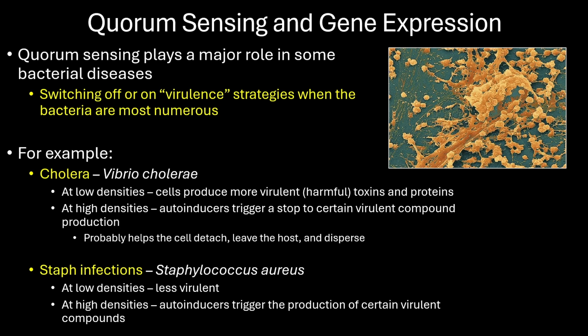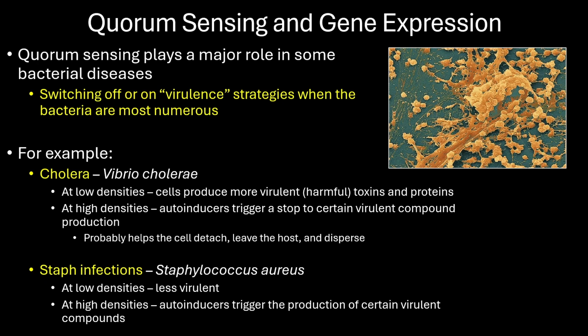But when they are occurring at high densities, when the cells are not alone, those autoinducers that the cells are sending each other trigger each other to stop making certain virulent compounds, probably to help the cells detach from their environment and leave the host. It's a signal that it might be time for the cells to disperse and try to find new organisms to infect.